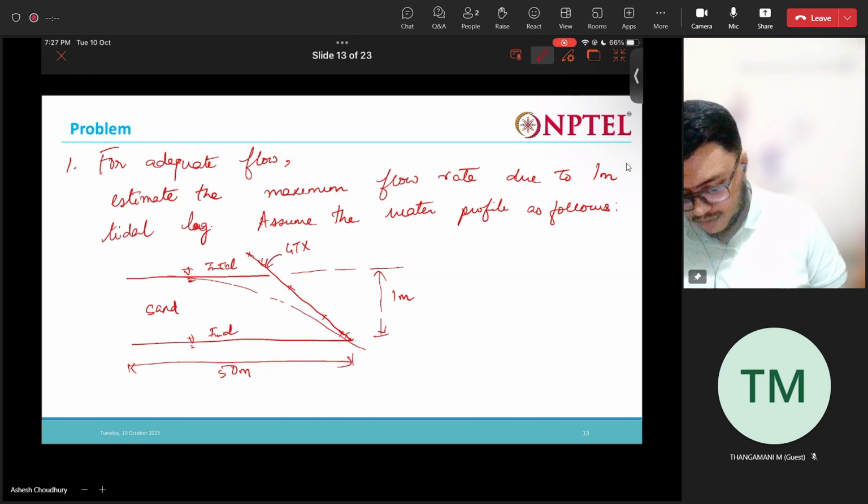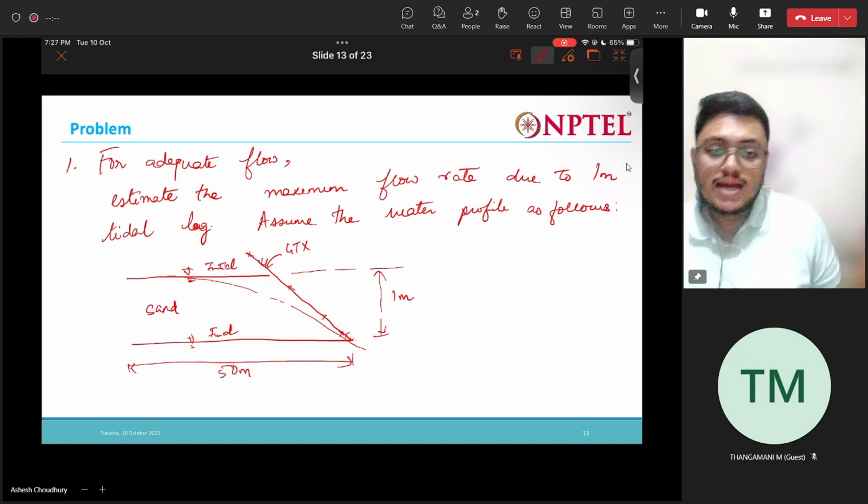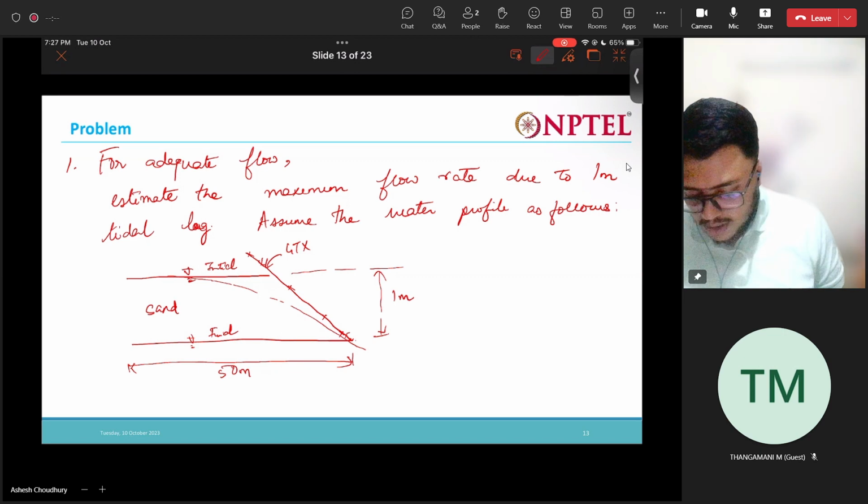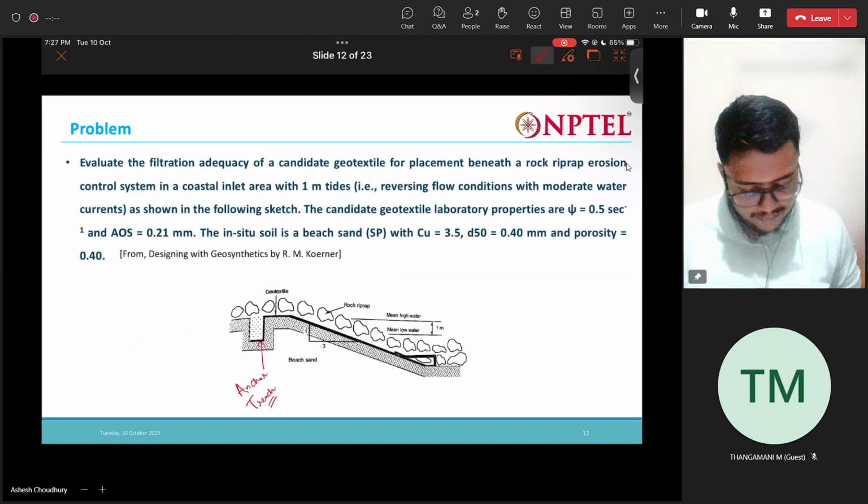So Q max: you are assuming that the tide will recede at maximum rate during the initial 2 hour period.